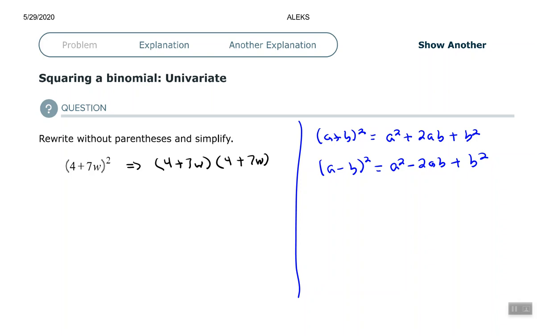So for this particular problem here, based on the formula, the 4 is in the place of A and the 7w is in the place of B. So to multiply this out, I know I have the first term squared plus always 2 times each one of those terms, and you don't have to look at the signs when you use the formula, plus the last term squared.